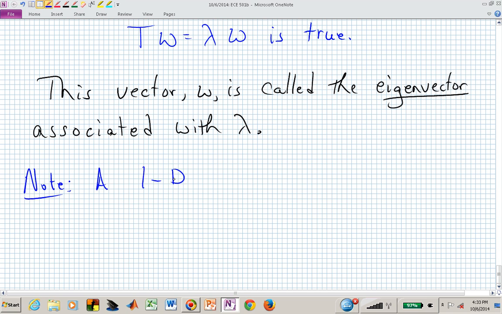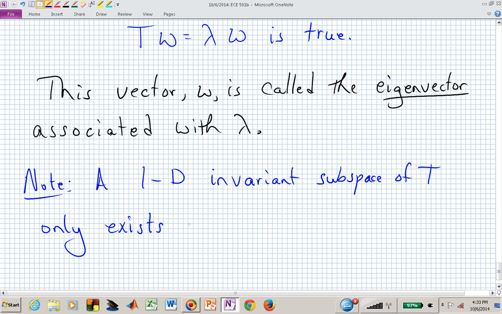A 1D invariant subspace of T only exists if T has an eigenvalue.